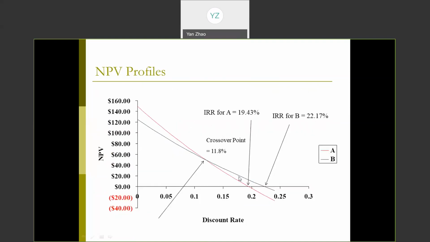But if we have a second company whose required rate of return is, say, 15%, then that company will prefer project B because project B gives you a higher net present value. At the crossover point of 11.8%, you will be indifferent between project A and project B.